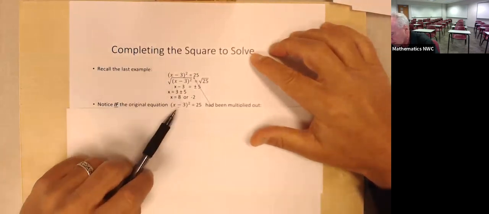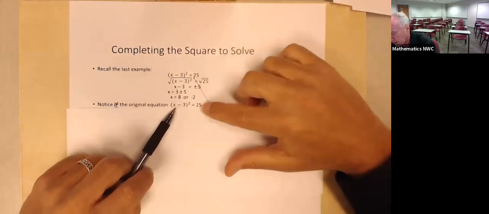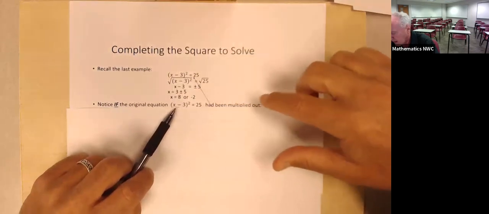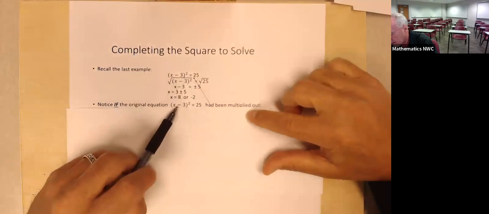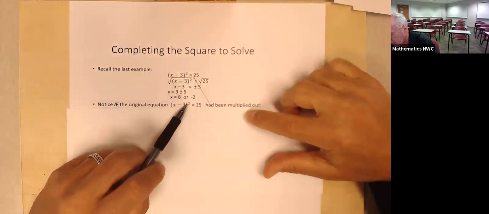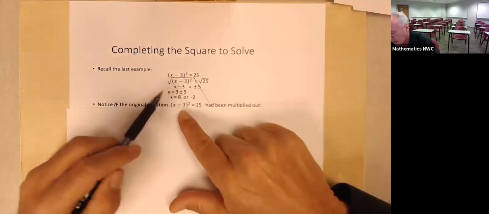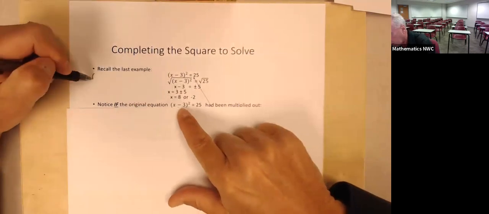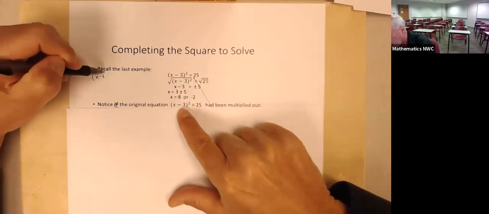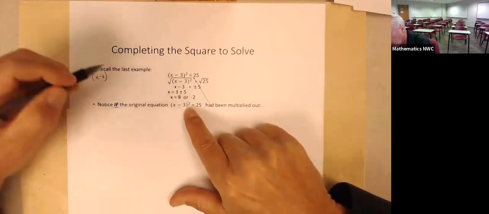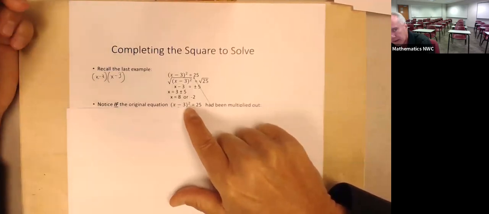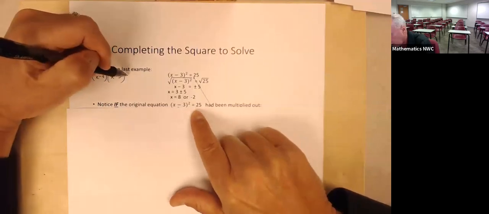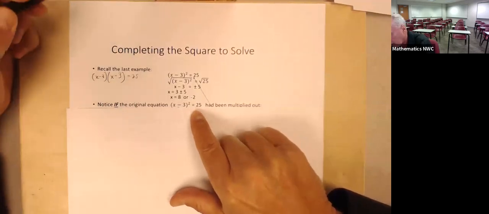If this original equation way up here, which I've copied right here, had been multiplied out, that means take this x minus 3 squared times itself. If I had multiplied that out, it would have been x minus 3 times another x minus 3, equal to 25.